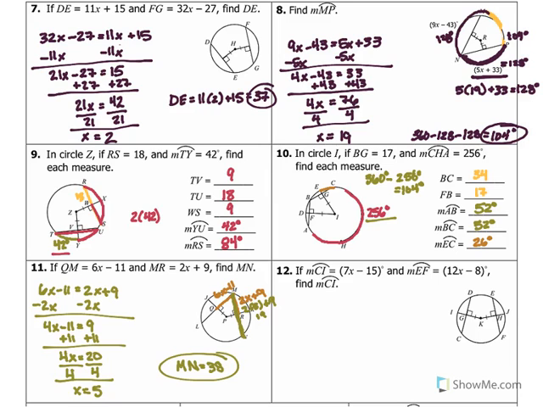Okay, this last one, they tried to throw you a little bit of a curveball, but it's not bad. So it says the measure of arc CI, which is that little half arc there, is and measure of arc EF. So we have those two.